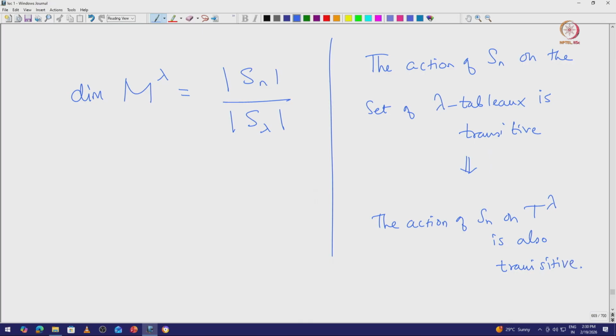So, since the action of Sn on T lambda is transitive, to find the dimension of m lambda, it is enough to find the cardinality of T lambda, but since the action is transitive, it is enough to pick an element. So, that is the element we already defined, we take it to be T lambda. So, this equivalence class inside T lambda, and then look at its stabilizer.